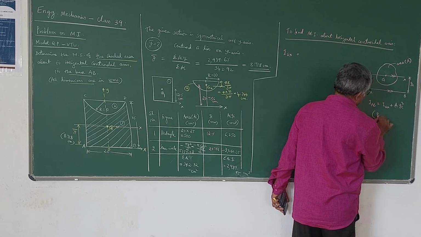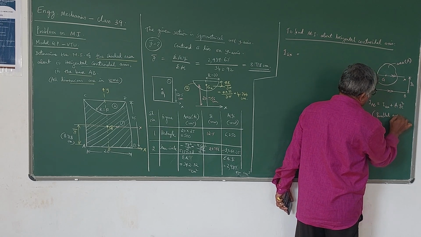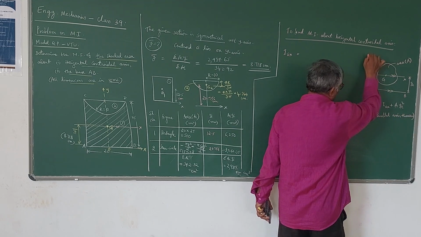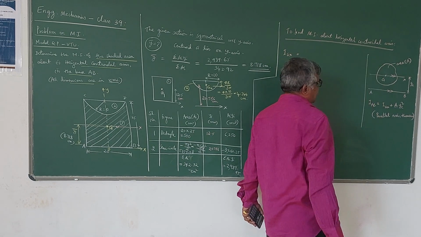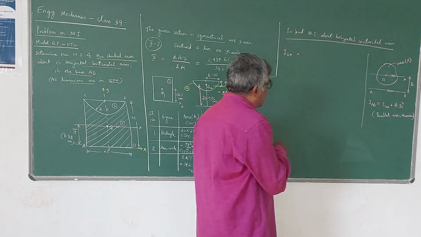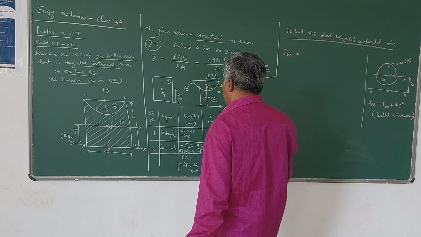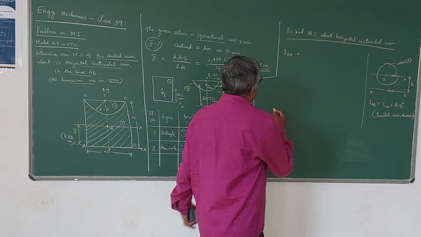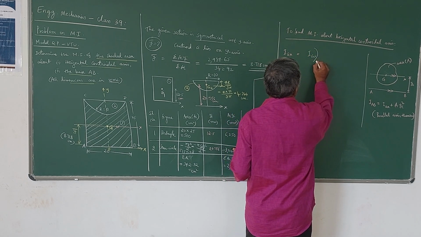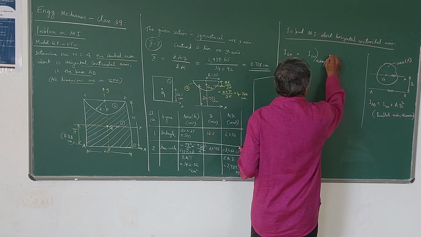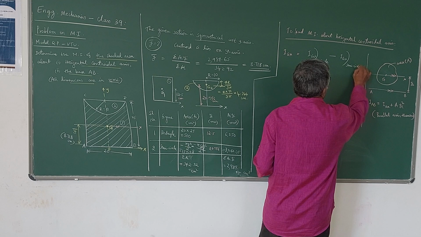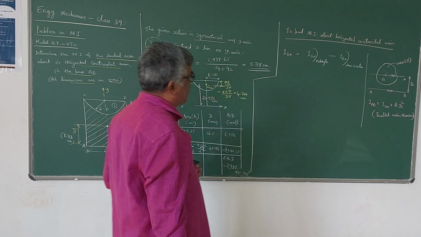By knowing the moment of inertia of an area about any axis, we can always find the moment of inertia of the area about some other parallel axis. So here we have to write this expression for both rectangle as well as semicircle. For the rectangle, I can write IGX of rectangle minus IGX of semicircle, because it is a cutout portion. So area is negative, moment of inertia is also negative. We have to note that down.